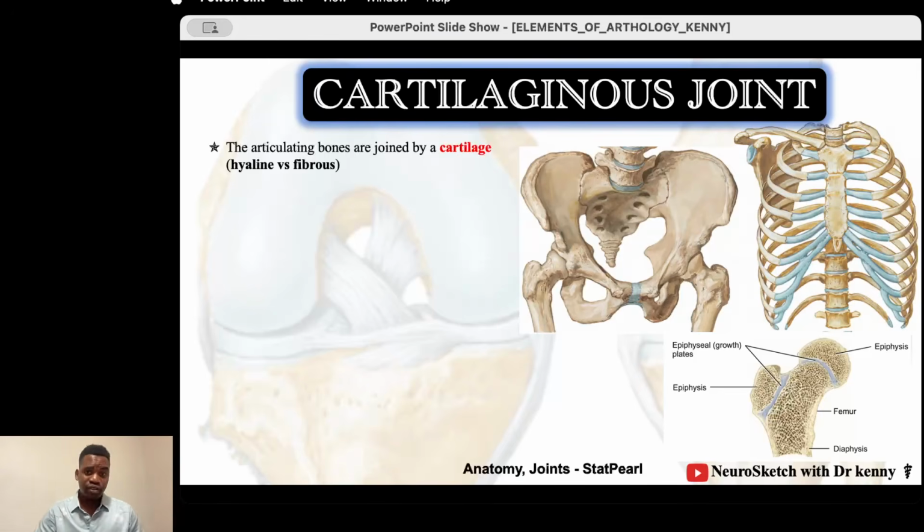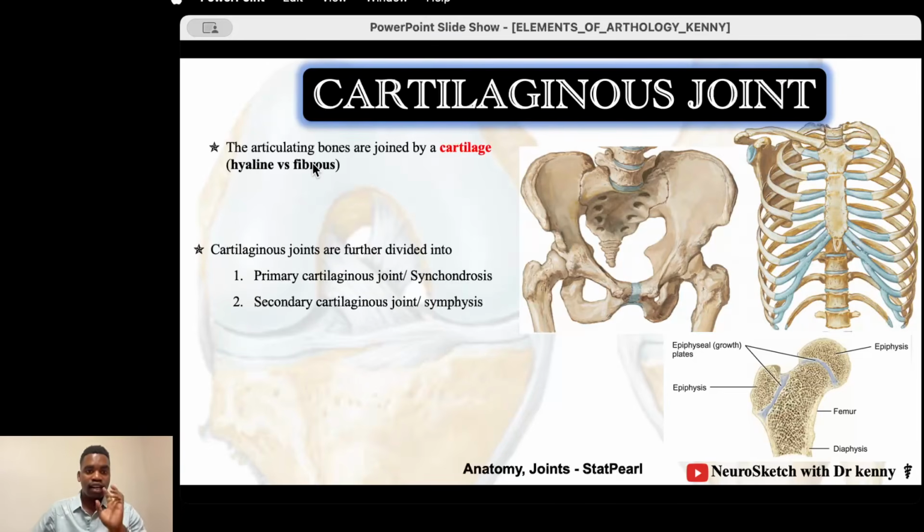The cartilaginous joint can further be divided into two groups based on the type of cartilage found in the joint. It is divided into the primary cartilaginous joint, in which the cartilage present is hyaline cartilage, and the secondary cartilaginous joint, in which the articulating bones are brought together by fibrocartilage.